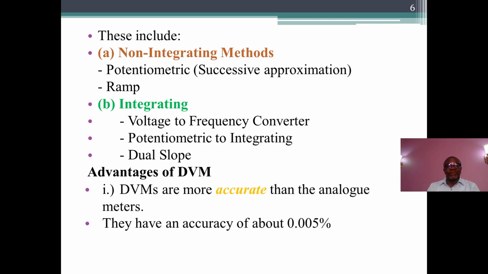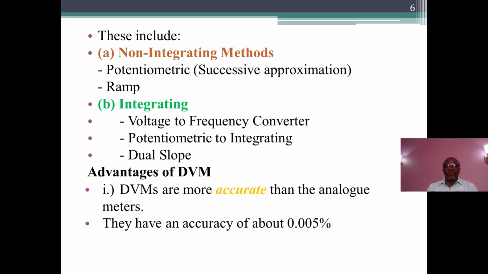The methods available for converting this analog signal into digital signal for use in DVMs are: one, non-integrating methods. Under these, we have the potentiometric method. Among the popular ones under this potentiometric method is the successive approximation method.